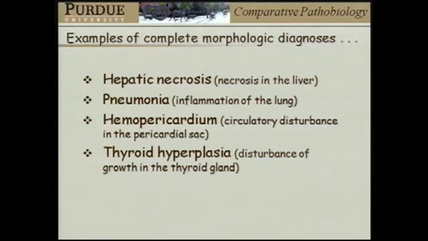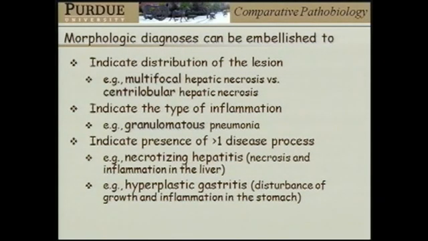Hemopericardium, another one-word and complete morphologic diagnosis, tells us that the process is a circulatory disturbance, hemorrhage in this case, and the tissue affected is the pericardial sac. Thyroid hyperplasia is a complete morphologic diagnosis that tells us the process is a disturbance of growth and the tissue affected is the thyroid gland. So those are four examples of complete morphologic diagnoses.